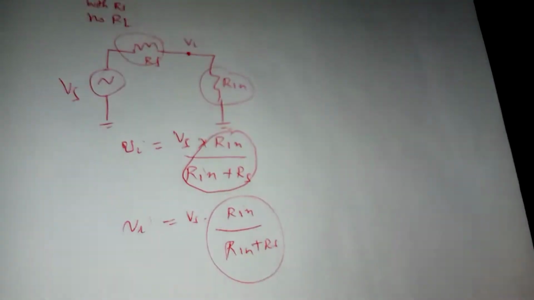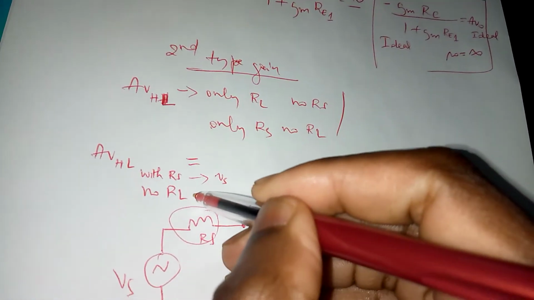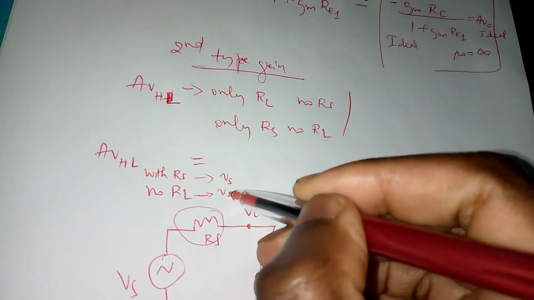We're going to see how important it becomes, because if there is RS, that means automatically on the input side we're talking about VS. There's no RL, so on the output side we've got VO still.